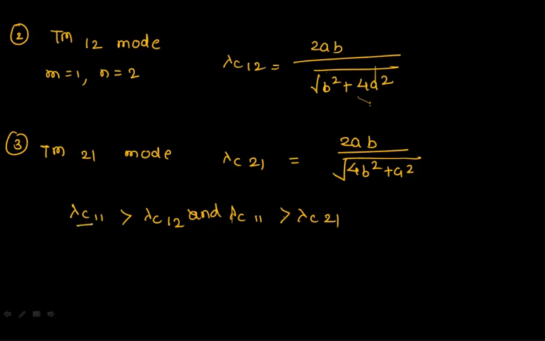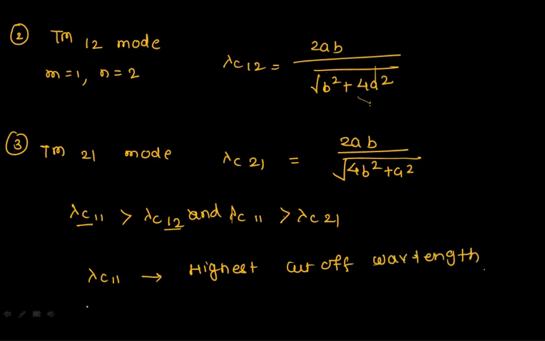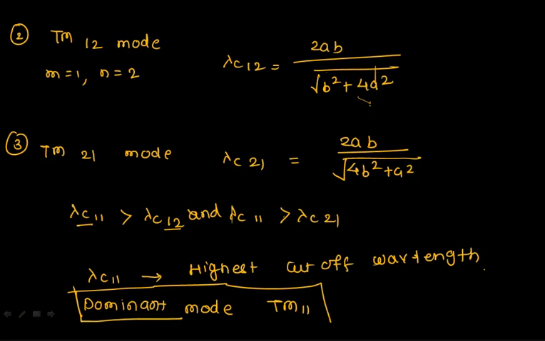So if lambda c11 is greater than c12 and c21, I can say my lambda c11 is the highest cutoff wavelength. And if this is the highest cutoff wavelength, then the dominant mode, we have already seen what is the dominant mode, for the TM wave is TM11. So whenever you're talking about the TM mode, your dominant mode is the TM11 mode.